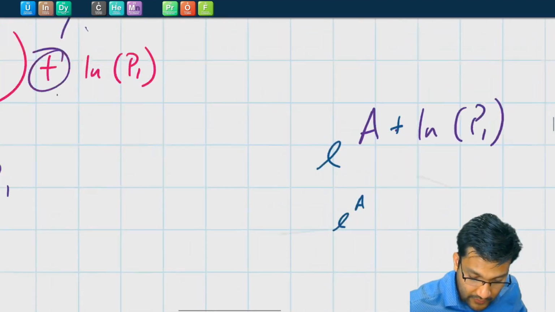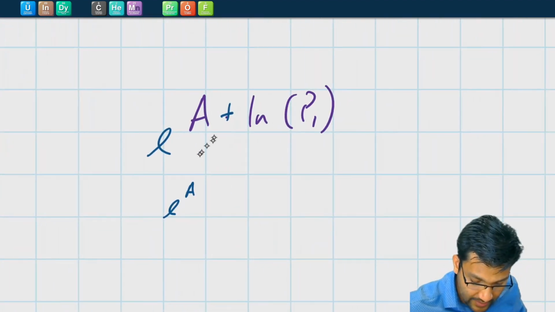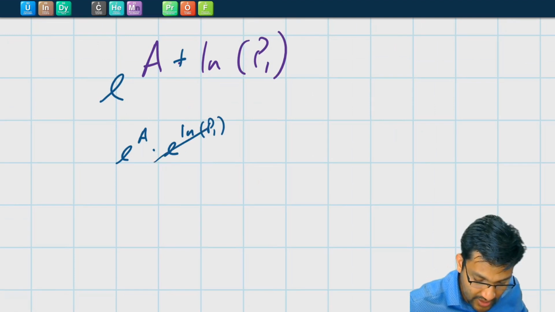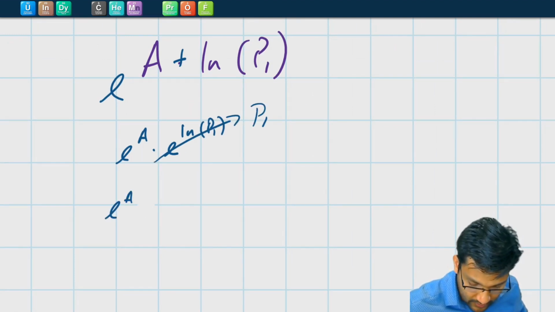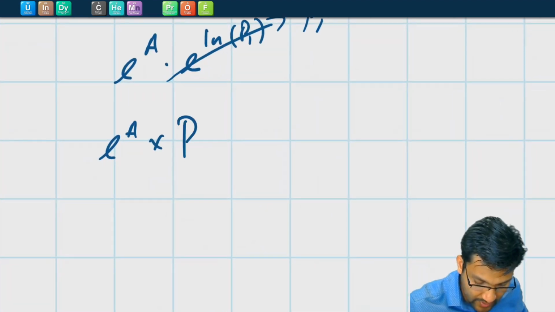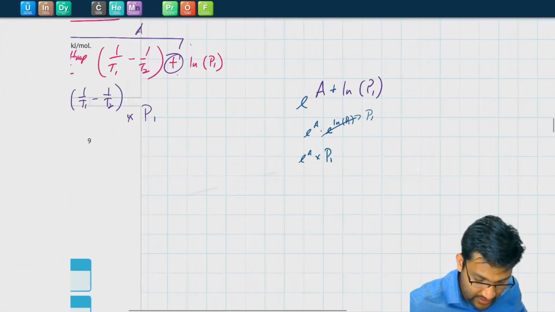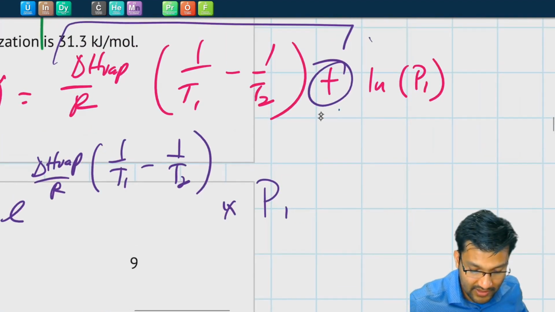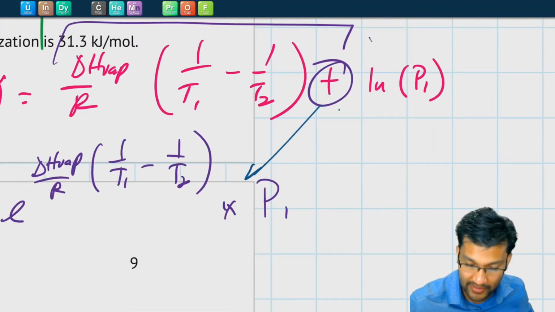If we did that, it's the same as taking e to the A times e to the natural log of P1. And so this part here just becomes P1. So we got e to the A multiplied by P1. And so that's how I ended up with this situation: e to the that stuff multiplied by P1. Essentially that positive sign changed to a multiplication sign.